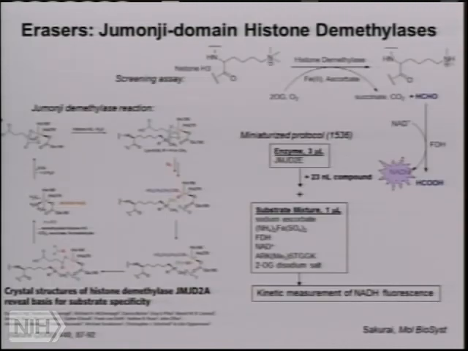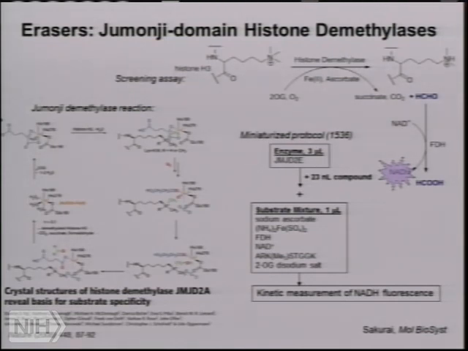The last category is the erasers, enzymes that remove post-translational modifications, and I'm going to talk about the Jumonji domain histone demethylases. So there are two main categories of histone demethylases: the LSD family, lysine-specific demethylases. Those are a different subfamily, distinct from the JMJs shown here.